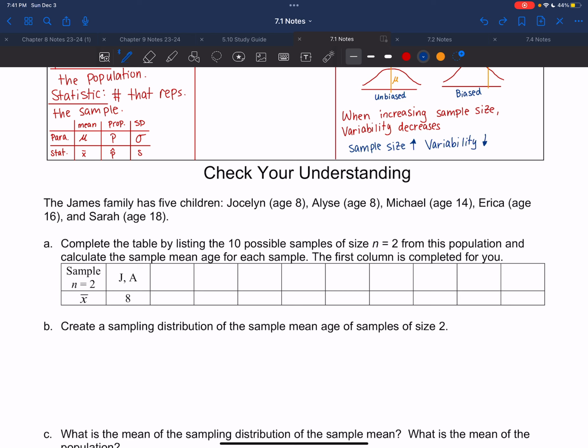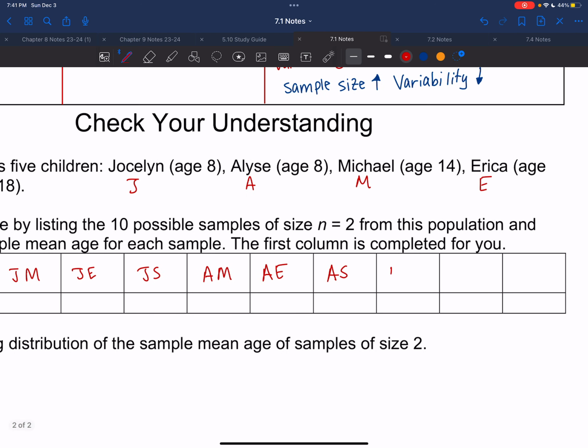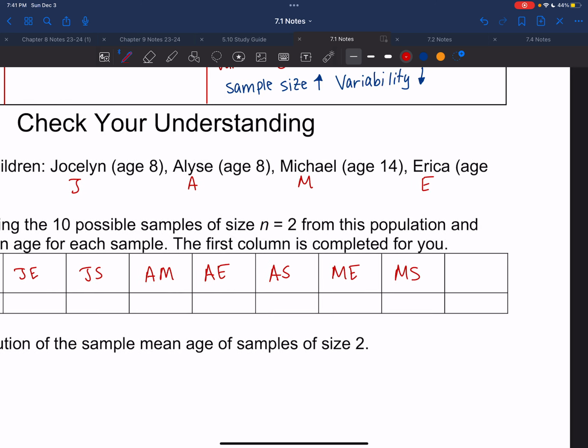I'm actually going to shorten these names. Jocelyn is J, Alice is A, Michael is M, Erica is E, and Sarah is S. And so I'm going to take samples of size 2. JA has already been done. Then we've got JM, JE, JS, and then we've got AM, AE, AS, and then we've got ME, MS, and then ES.